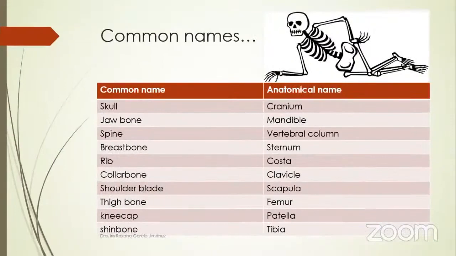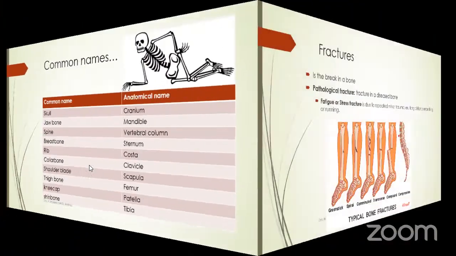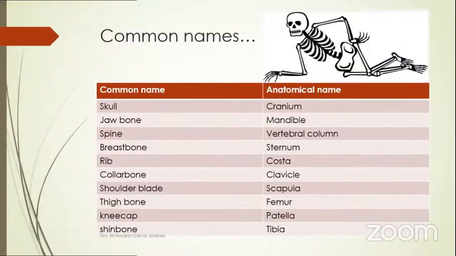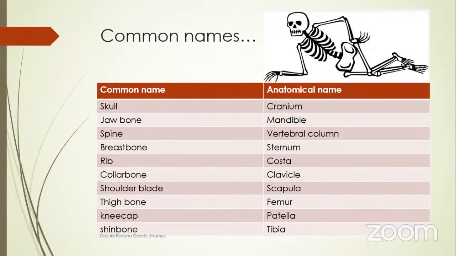Talking about common names, the most common ones, the easiest ones to use, we could say skull for cranium, jawbone to mandible, spine to the vertebral column, breastbone to the sternum, rib, costa, collarbone, clavicle, shoulder blade, scapula, thigh bone, femur, kneecap, patella, shin bone, tibia.